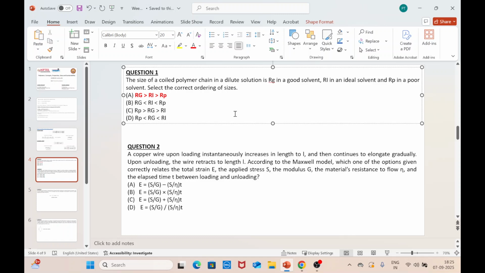So the answer is A. If you have any clarification, then do let me know, or if not, then I think we can move forward to the next one. Any questions?